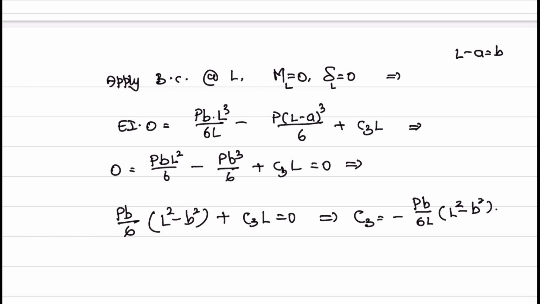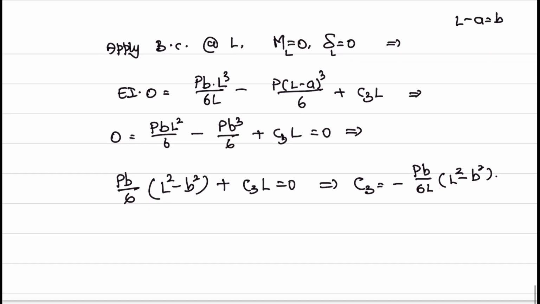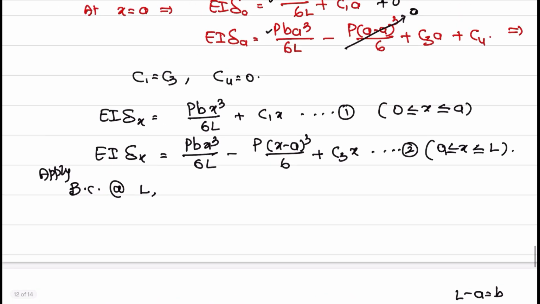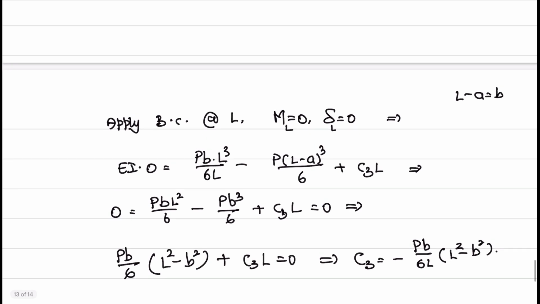Now we have got the deflection equation as EI into delta x is equal to, first equation, PB x cube by 6L plus C1.